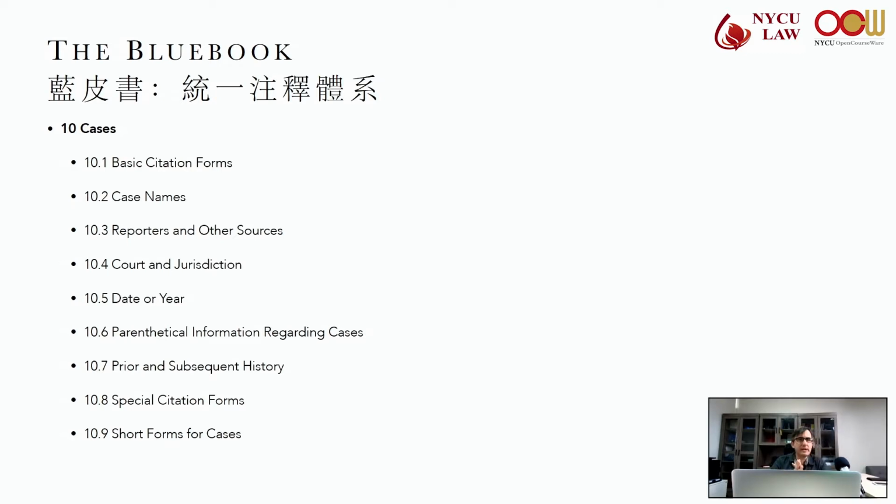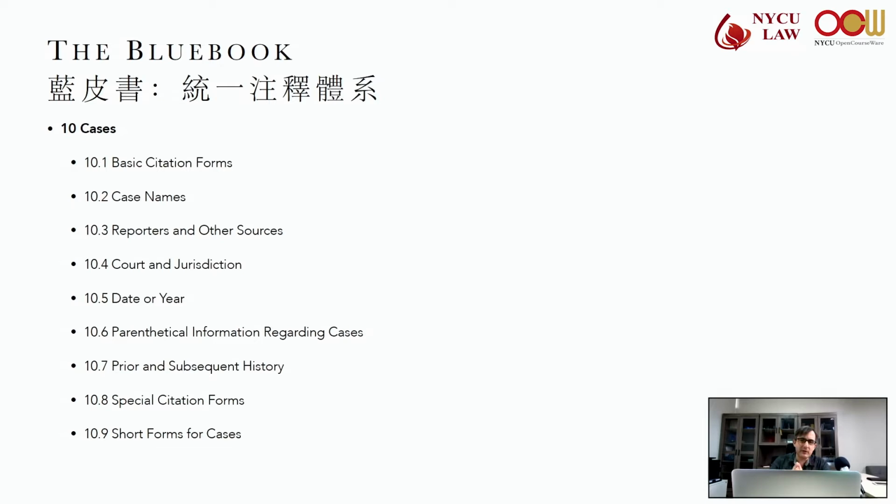Comma with a space, the volume number, the reporter volume number, with a space, and then the reporter abbreviation using the conventions we talked about for abbreviations, then a space.